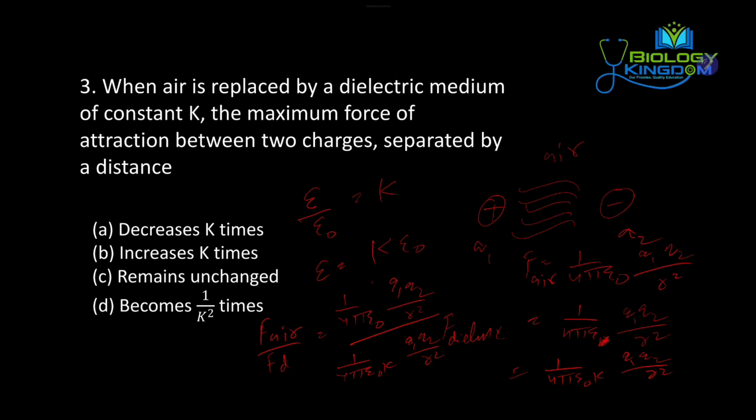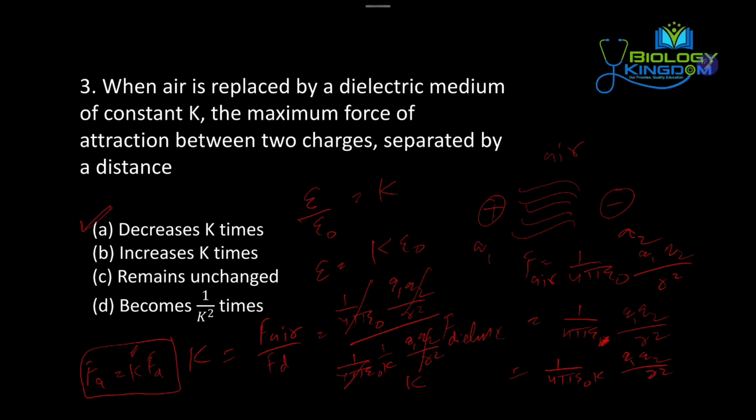You will see everything gets cancelled out, and we're only left with 1 upon 1 by K, that is K. So this ratio is equal to K. Here you can see the force in air is K times the force in dielectric. That means if we move from air to dielectric, the force will decrease. And how many times does it decrease? K times.